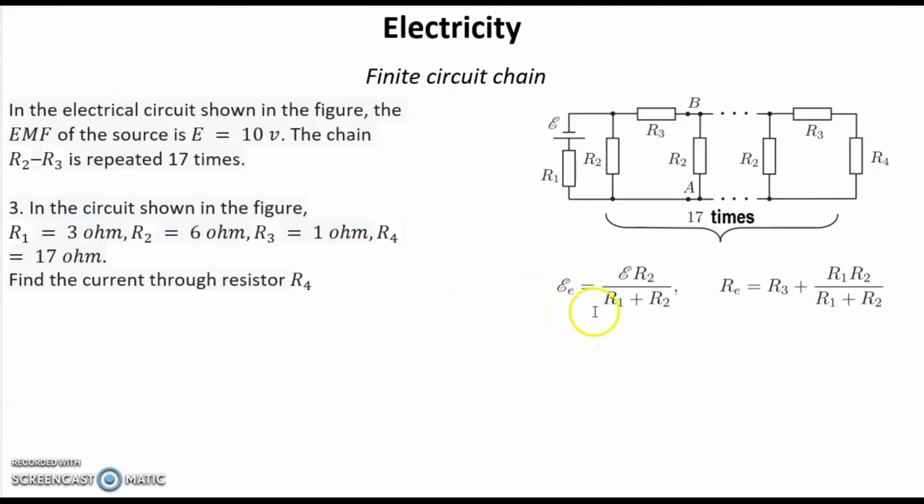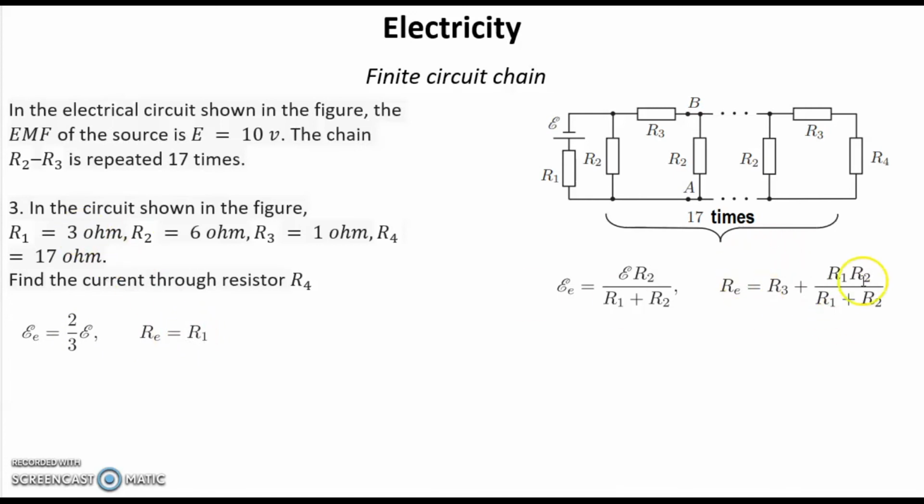Let's count what happens with these resistors and these two, the equivalent EMF and internal resistance. If we put in numbers, we get for the equivalent EMF 2/3 of the initial EMF, and the internal resistance equals exactly R1.